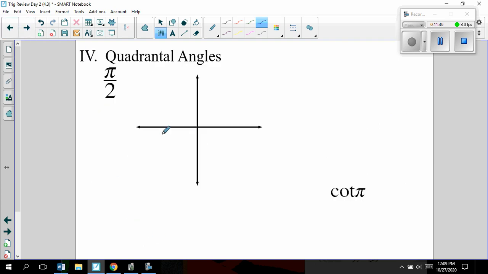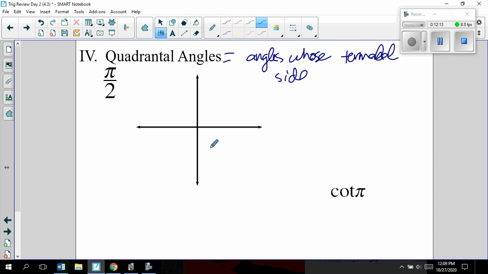All right, the angles that people struggle with, and this is where we're going to have another way for you to think about it, is something called quadrantals. Quadrantal angles are angles whose terminal side is on an axis.